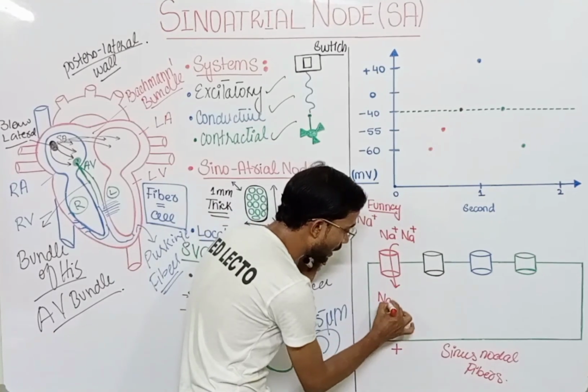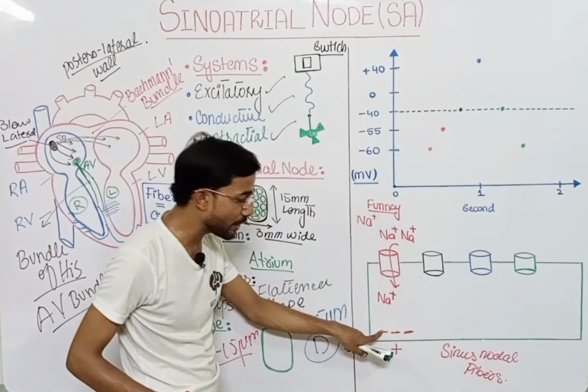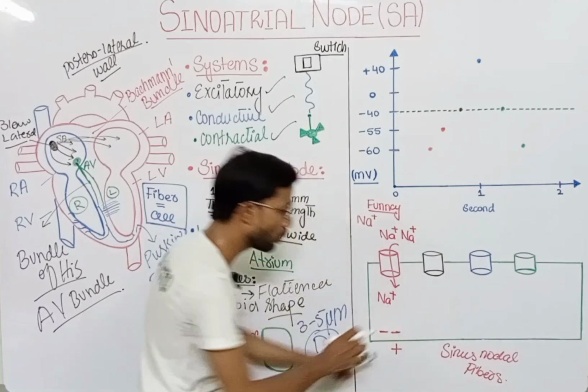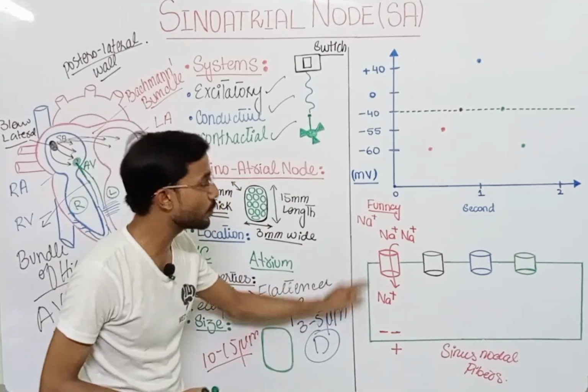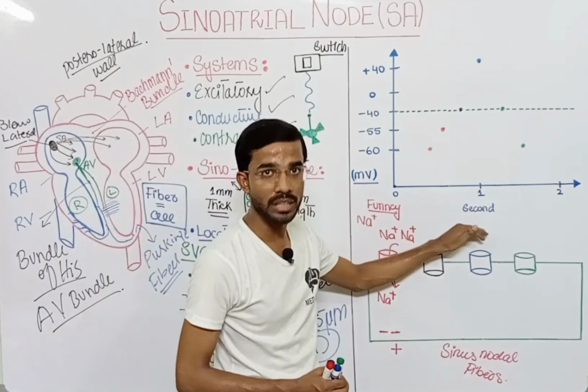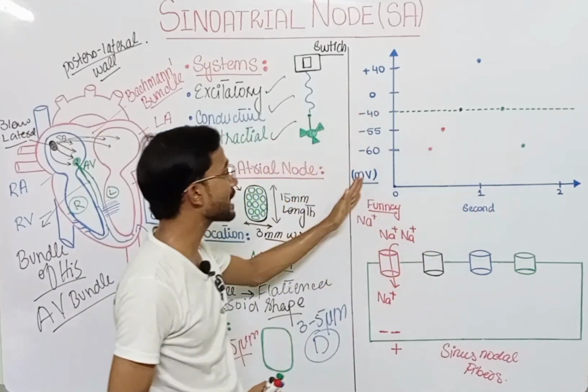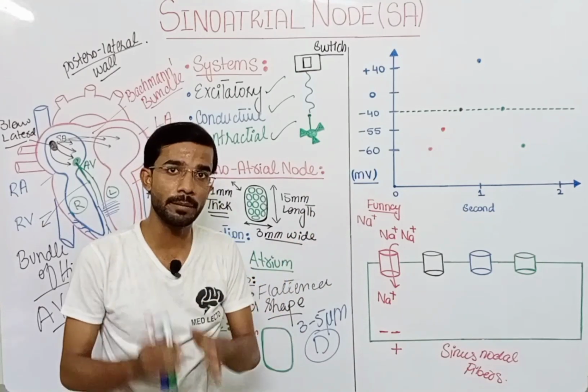And after that, what will happen? The negative sign will remain. So if we compare this with the graph, on the x-axis we take the time in seconds, and on the y-axis we take the voltage, in millivolts.